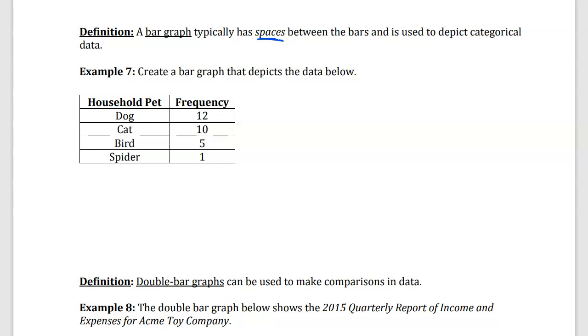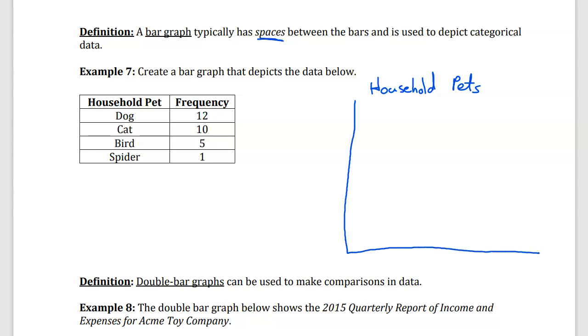So if I look at this right here, this is talking about household pets and how many. So I'm going to say household pets. And I'm going to put frequency here. And I'm going to put our pets here.